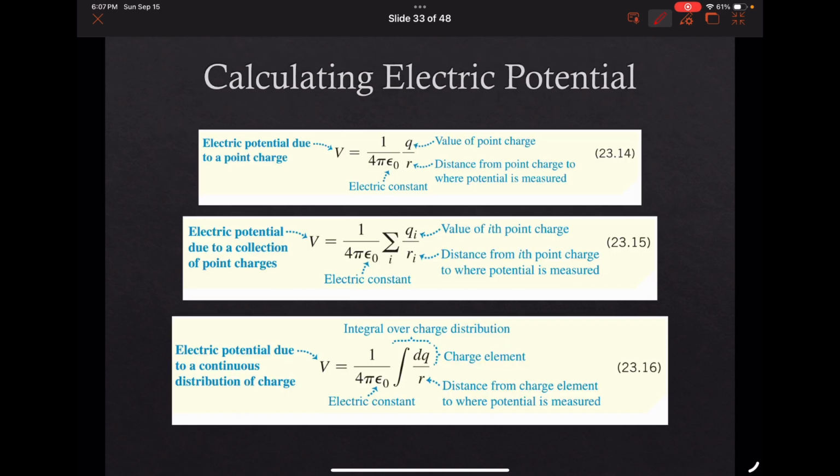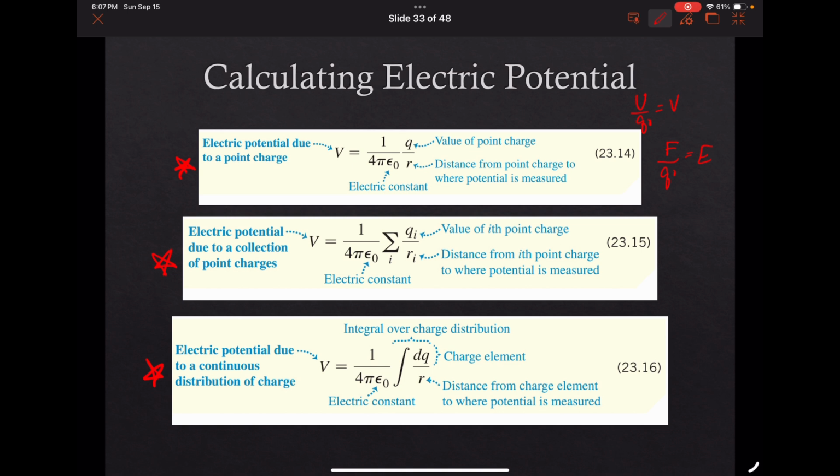I kind of showed you that analogy between potential energy and potential force and electric field. And what you'll notice here is that the way we calculate the potential is very, very similar to the way we calculate an electric field, right?